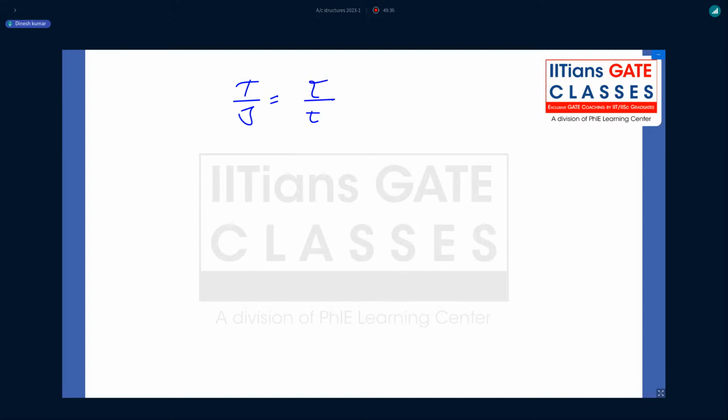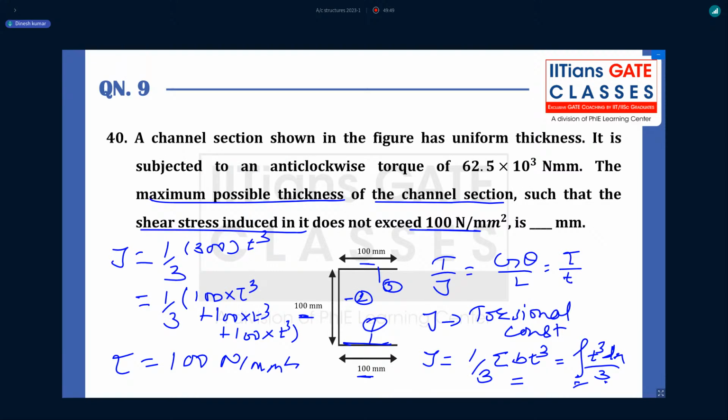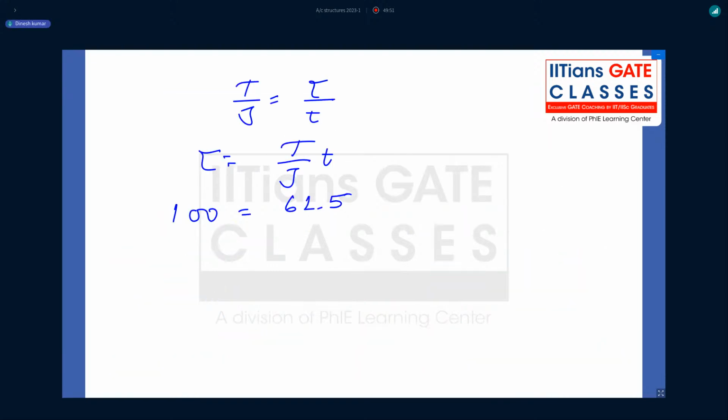So tau is T by J into t, and tau is given as 100, and T is 62.5 into 10 to the power 3 upon 1 by 3, 300 into T cube into t.